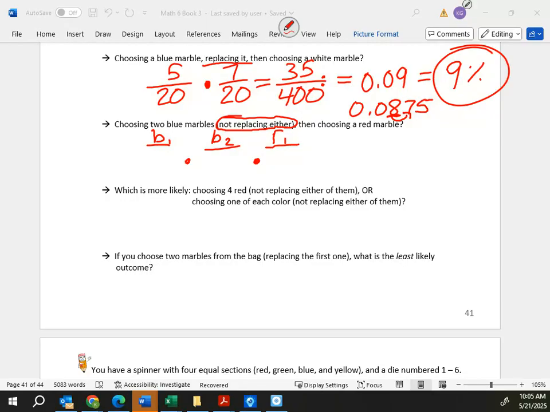Oh my goodness, I only have a few people that found the correct answer. Let's walk ourselves through this to see what our answer should be.